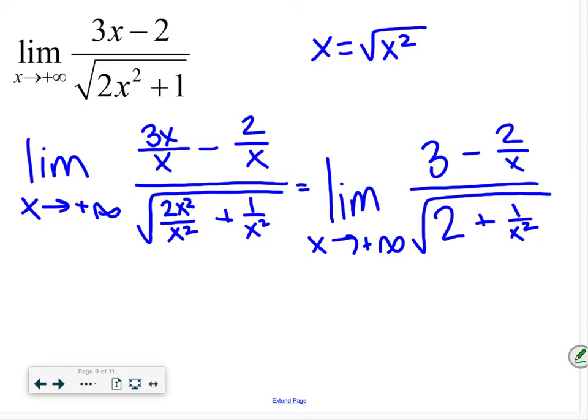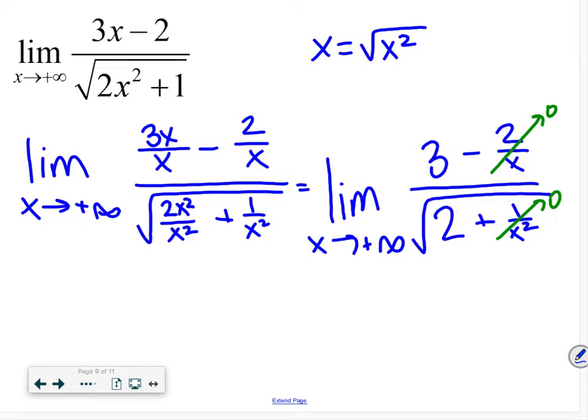Okay. So remember, towards infinity or negative infinity, a constant over x goes to 0. A constant over x squared goes to 0. Were you here when I started this?